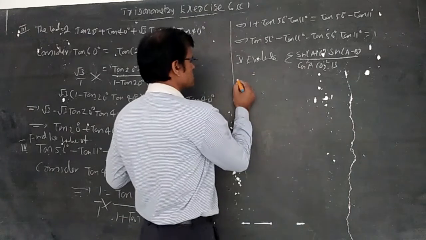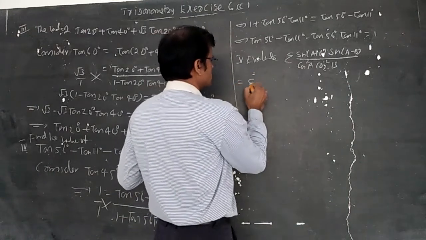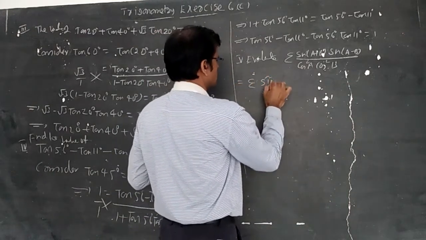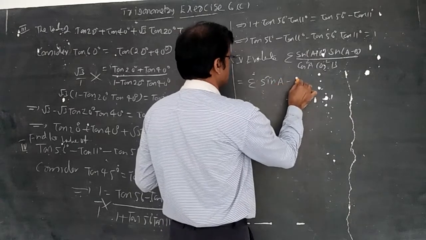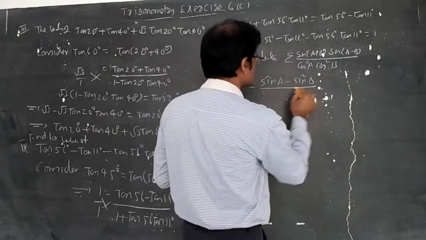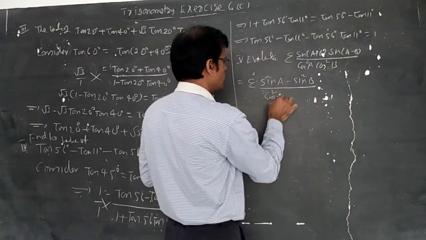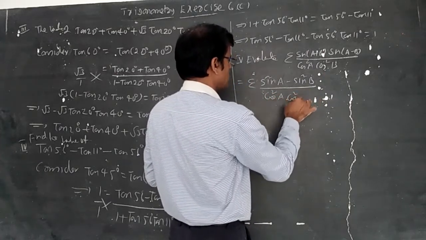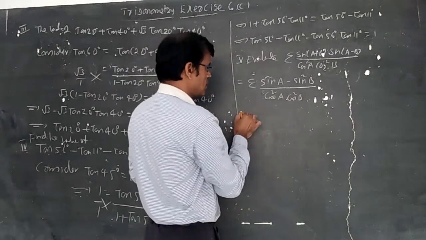Here sin(a+b) into sin(a-b). The formula says sin(a+b) sin(a-b) equals sin square a minus sin square b, whole by cos square a into cos square b.